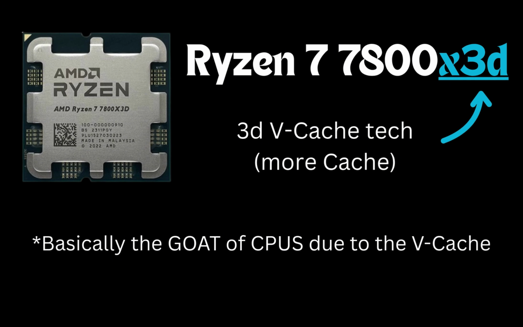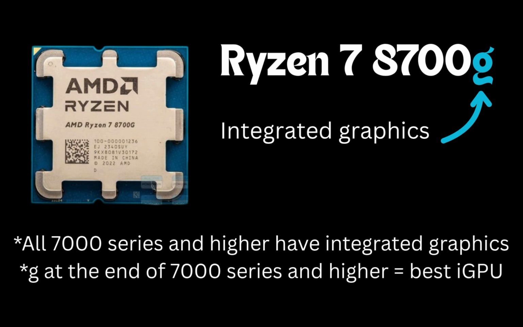An elite example is the Ryzen 7 7800 X3D, basically the GOAT of gaming CPUs. G means that the CPU includes integrated graphics, making it ideal for systems without a dedicated GPU. For example, the Ryzen 7 7800G.